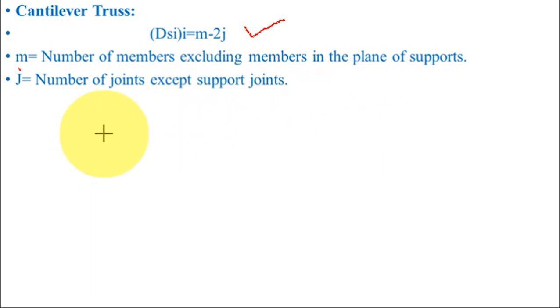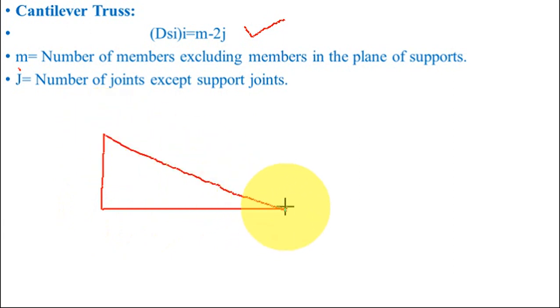Now for this we will consider one simple example. Let us consider a cantilever truss as shown. Here this is, say, a hinge support, and here this is a roller.